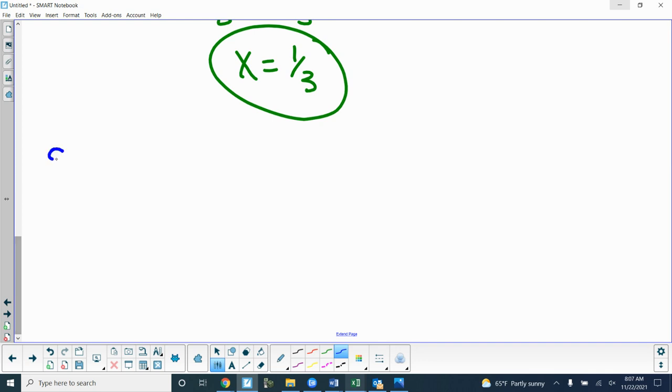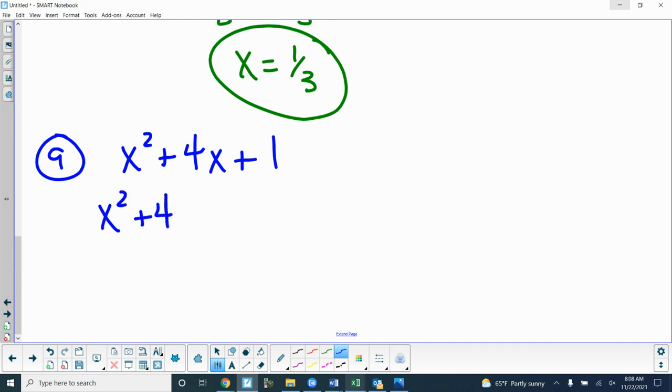All right, so number 9, I'll do completing the square. All right, so to complete the square, you keep the x squared and the 4x together on the left and add a blank, and then you take the 1 to the other side, so I subtract it to move it over to the other side, so it's -1, and add a blank, okay?